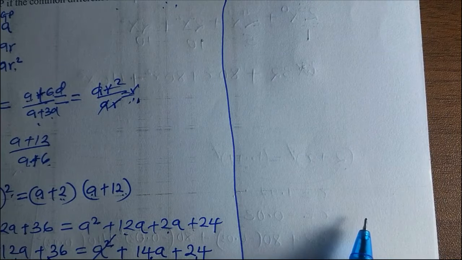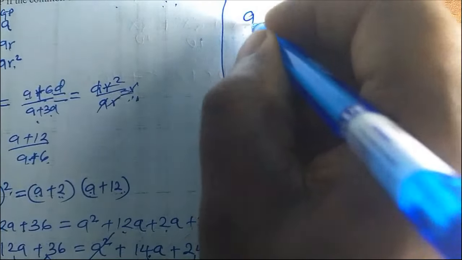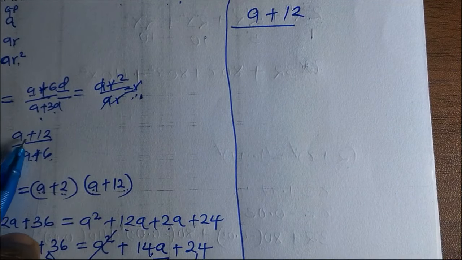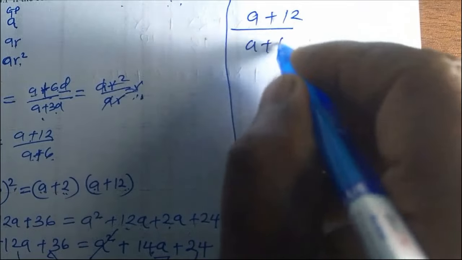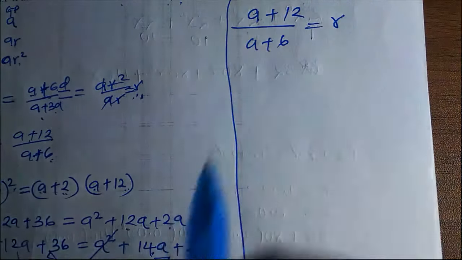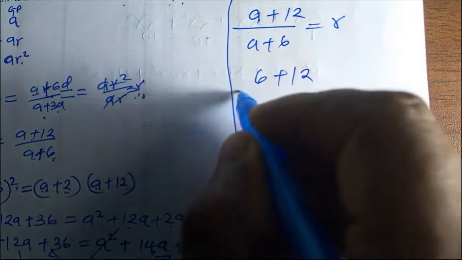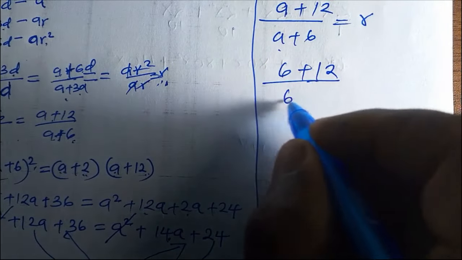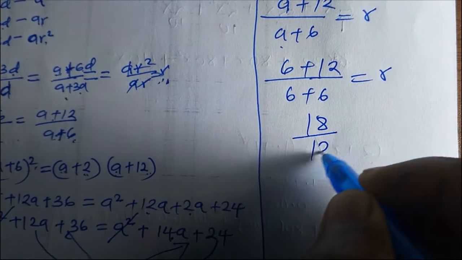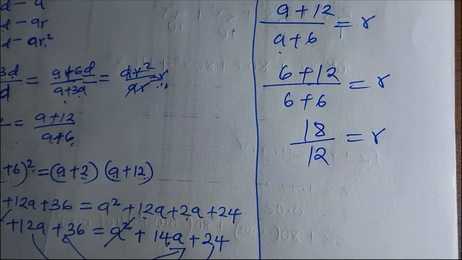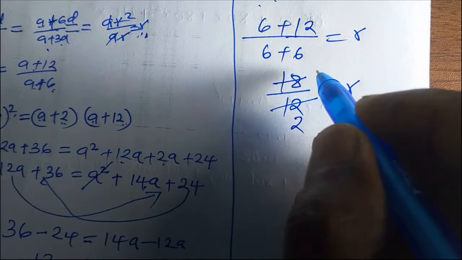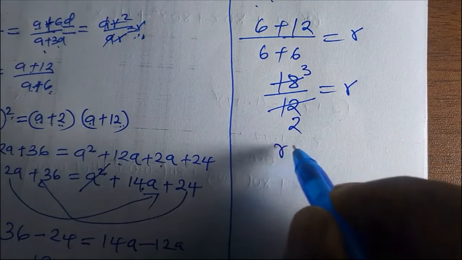So we say A plus 12 divided by A plus 6, the answer is R. Now A, we have gotten, is 6, so 6 plus 12 over 6 plus 6 is R. This is 18 over 12. 6 into 18 is 3, 6 into 12 is 2. So R is equal to 3 over 2, which is 1.5.